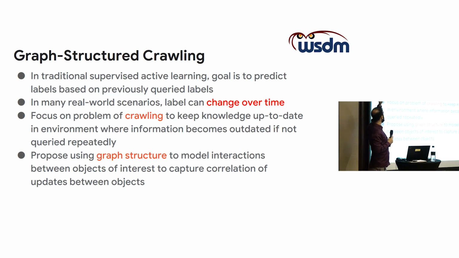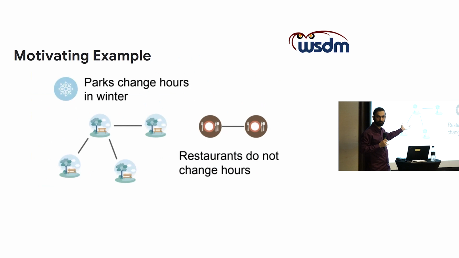So we are looking at active learning when the labels are changing over time, and we somehow formalize it using crawling. And we said that, okay, in many cases, there is a graph structure behind this. For example, if you're looking at air pollution, the edges are streets or neighborhoods near each other. If there's air pollution in one street, there's probably air pollution in the next street.